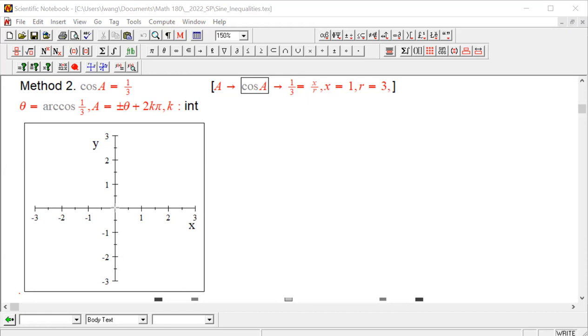So the x is 1, and r is 3. It doesn't have to be precise.